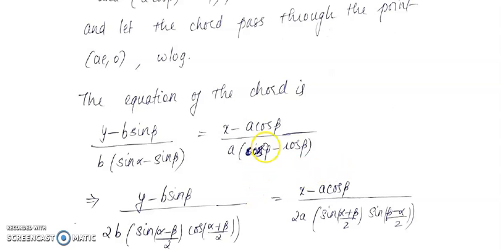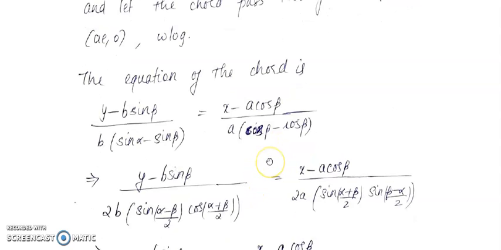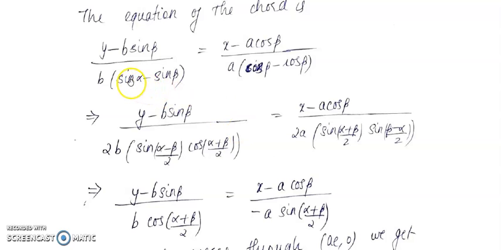Here the denominator is in the form sin A minus sin B, and the other is in the form cos A minus cos B. That can be put in the form 2 sin((A minus B)/2) cos((A plus B)/2), and cos A minus cos B can be written as 2 sin((A plus B)/2) sin((B minus A)/2).